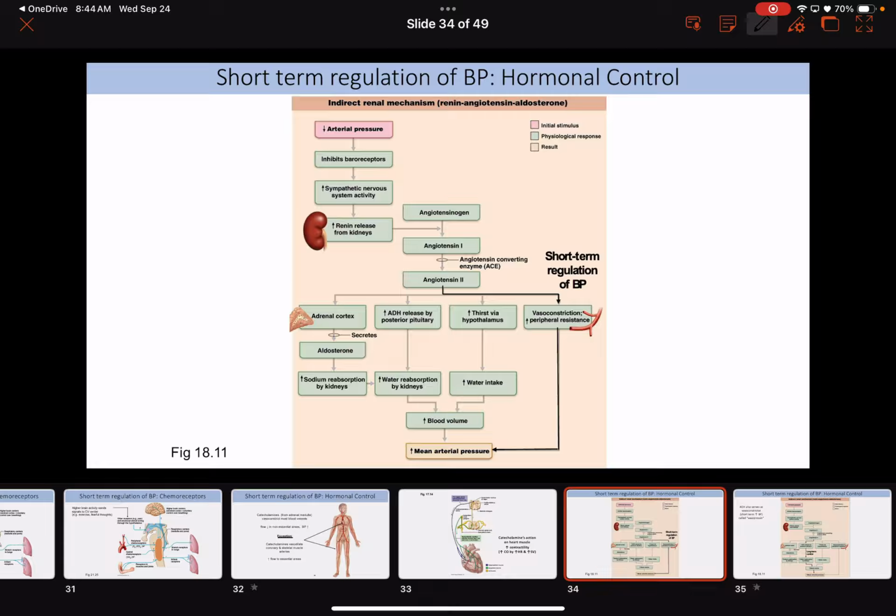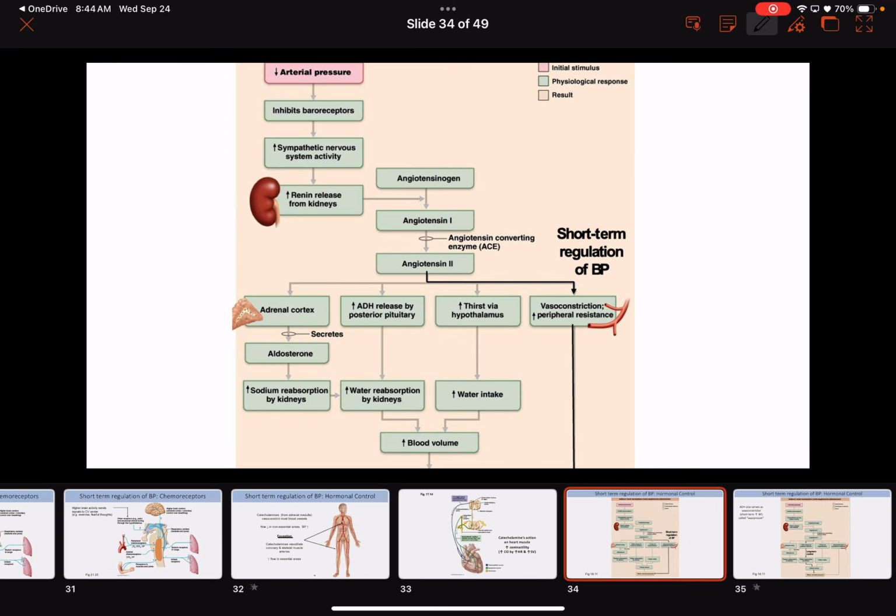What that's going to do is cause the release of something called renin from our kidneys. That is a hormone released from our kidneys. That renin is going to convert angiotensinogen into angiotensin 1. You remember we talked about fibrinogen being an inactive protein, and then it turns into fibrin?